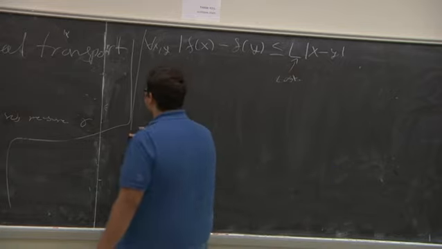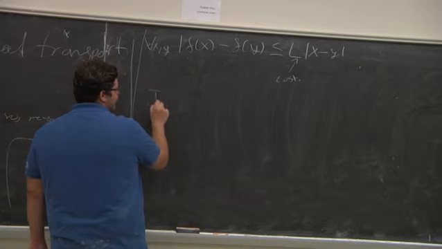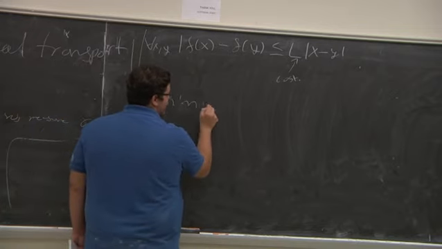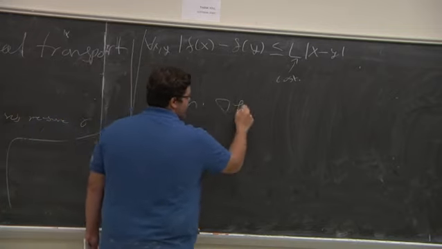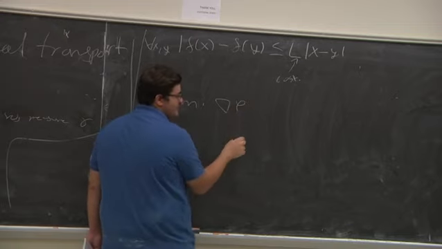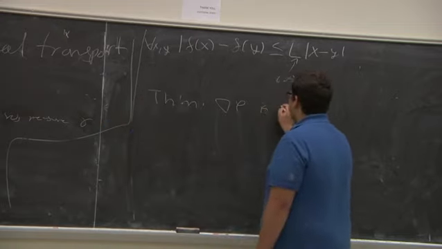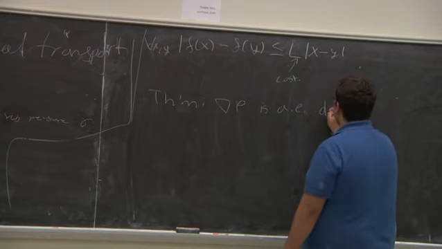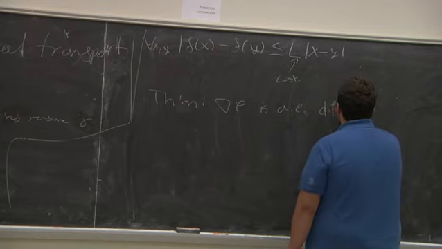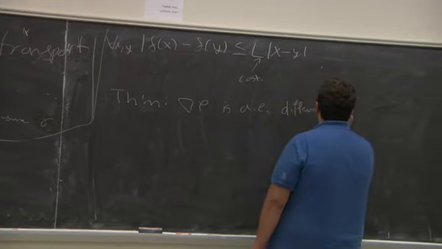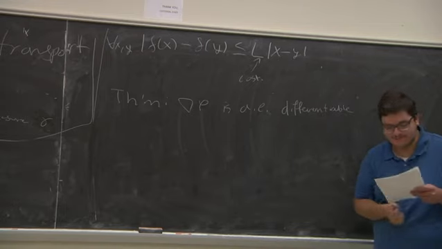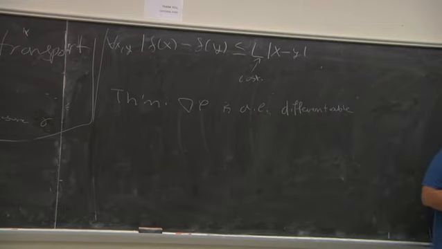Anyway, so the theorem: the gradient of phi, where phi is convex, is almost everywhere differentiable. Okay. All right.